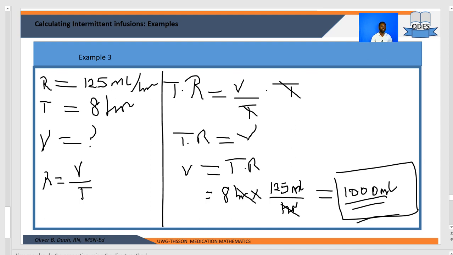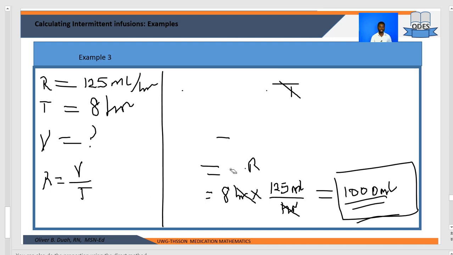We can also use dimensional analysis to solve this.